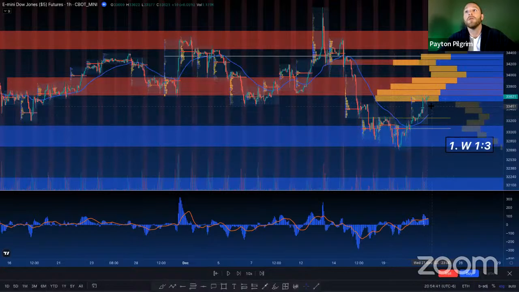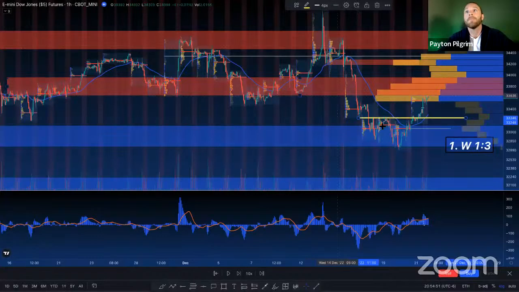So if we do start to break down, it's probably breaking down quick. Yellow areas are structure areas. So let's remember that. This is just a level of structure right here. And then the volume obviously is volume structure. So yeah, this looks like it should probably fall.